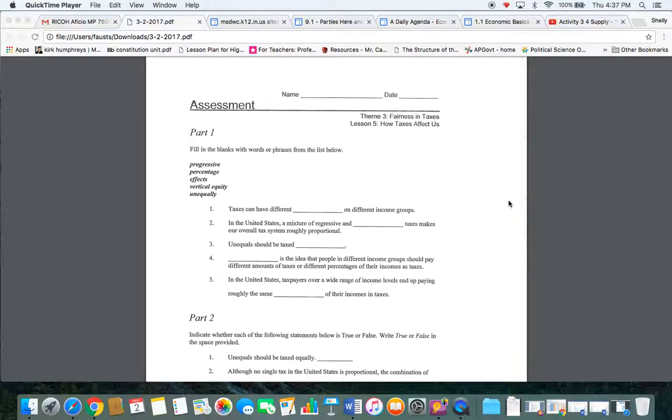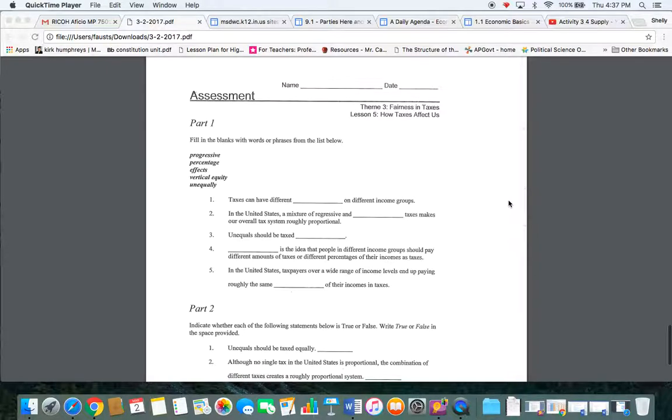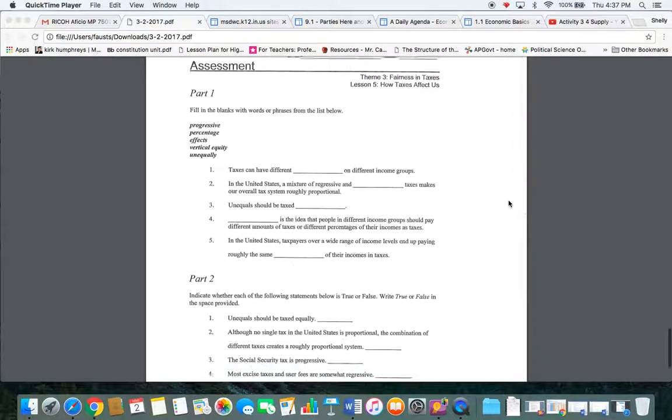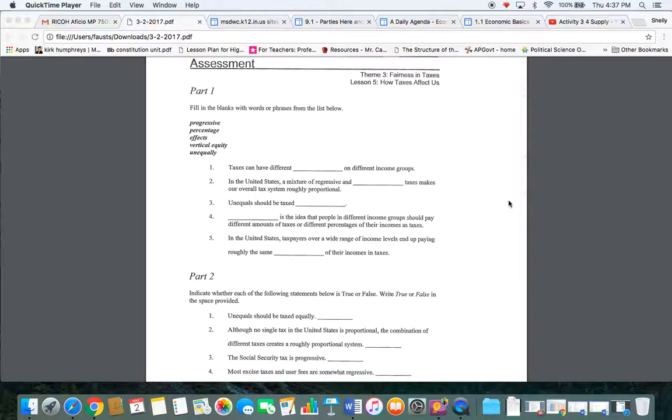It's not going to be perfect for everyone. Unequal should be taxed unequally, and that's that idea that we talked about in terms of vertical equity. We have decided that it's okay to tax wealthy people a higher percentage than we do low-income people. So in the United States, taxpayers over a wide range of income levels end up paying roughly the same percentage, and those three questions kind of all go together.